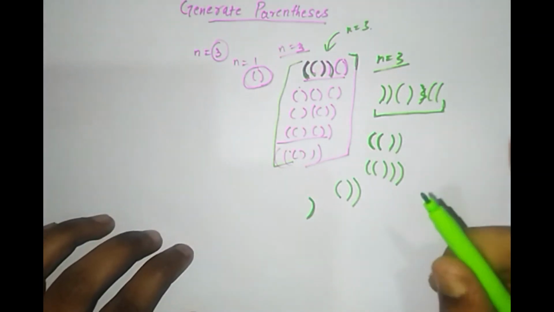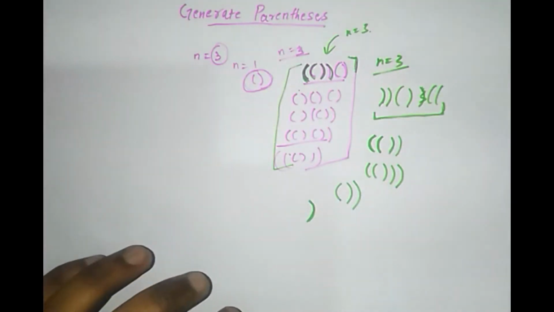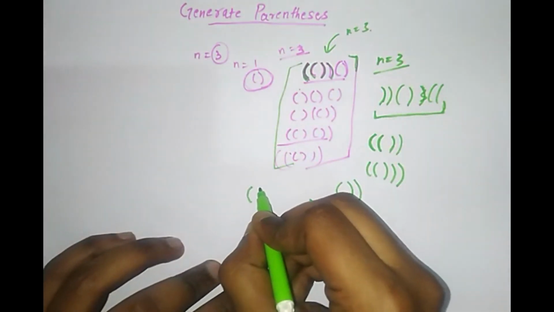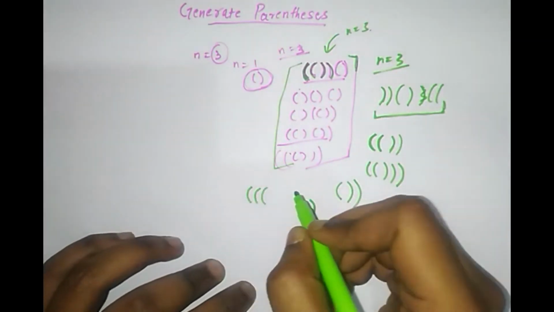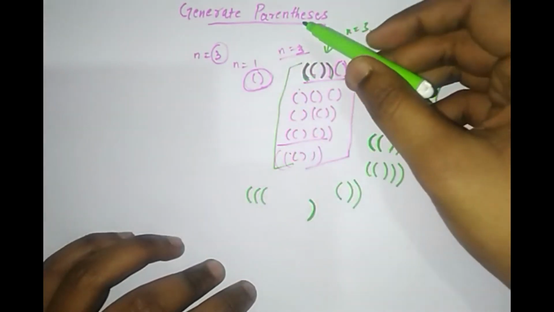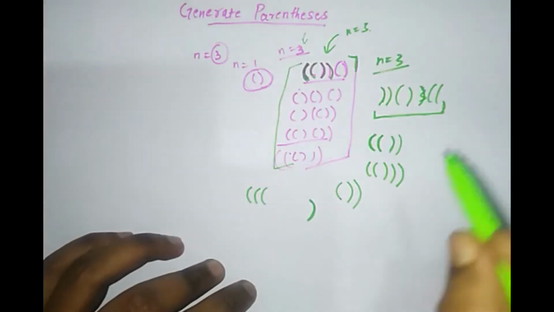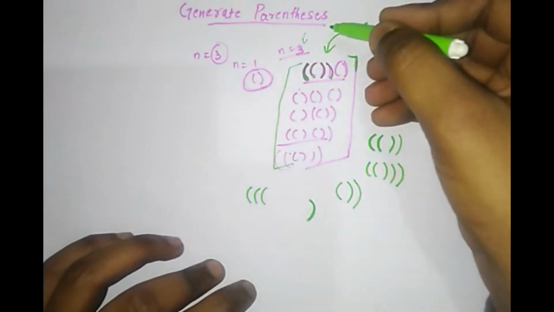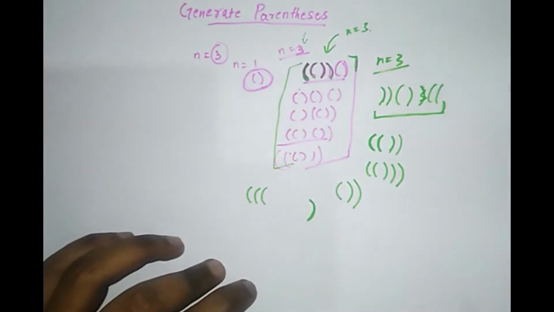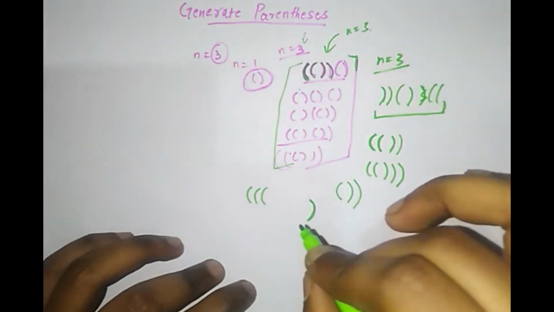If we have 3 opening brackets, then n equals 3. As we have completed 3 opening brackets, now we have to put 3 closing brackets too.